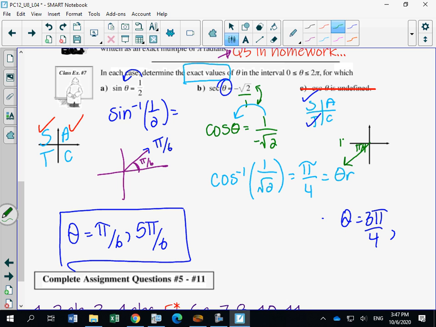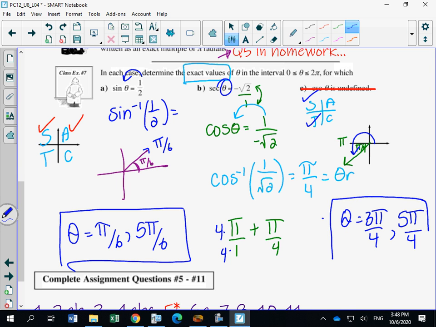This is going to be pi plus pi over 4. So the rotational angle is pi plus pi over 4, which would give you 5 pi over 4 as your answer. So we have two answers for that, 3 pi over 4 and 5 pi over 4. You can box that in.